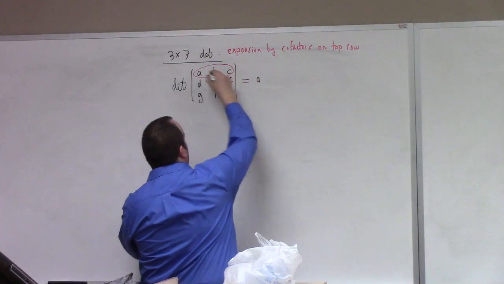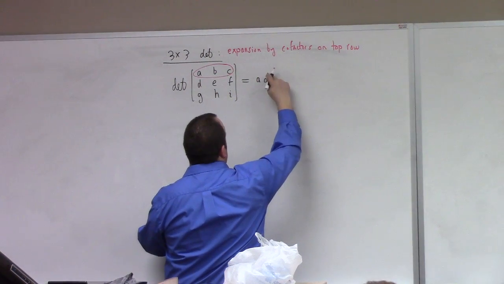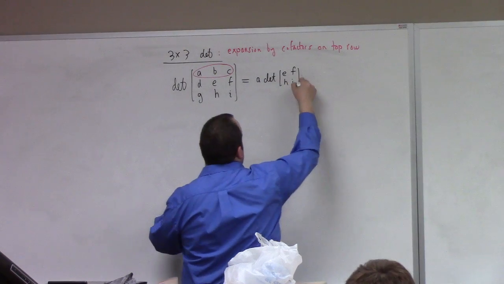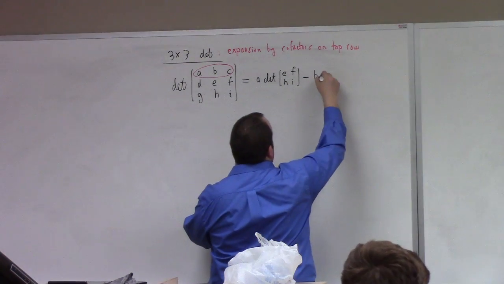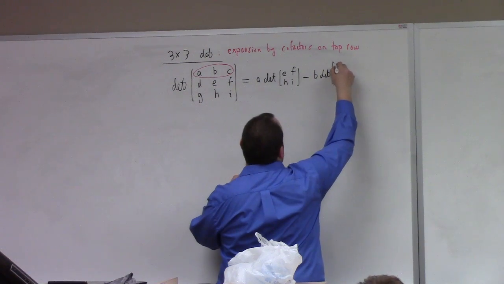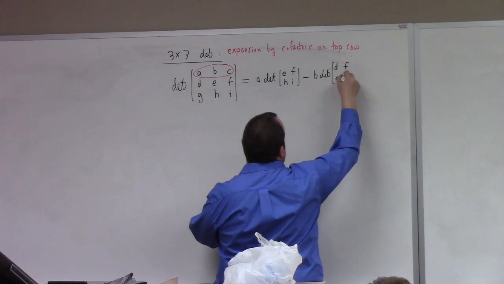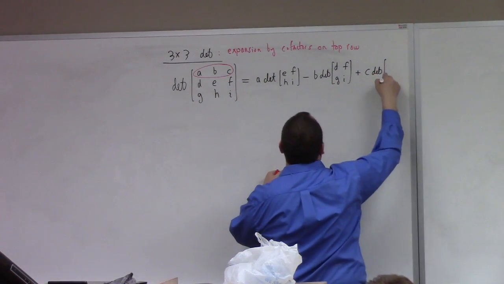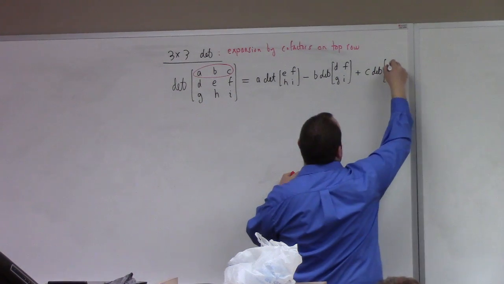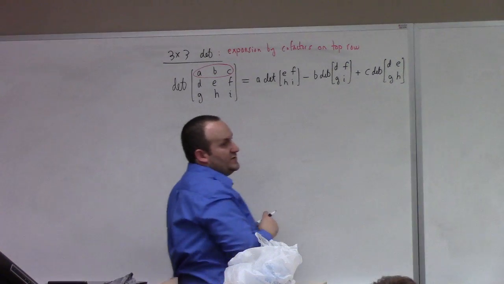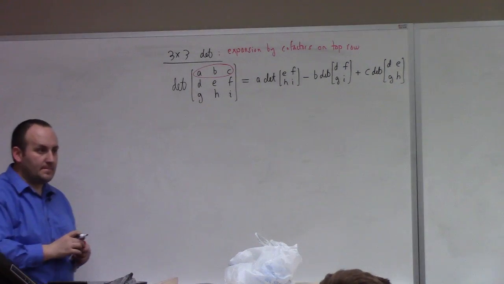So we do A times the determinant of E, F, H, I, minus B times the determinant of D, F, G, I, plus C times the determinant of D, E, G, H, where those 2 by 2 determinants we already defined.